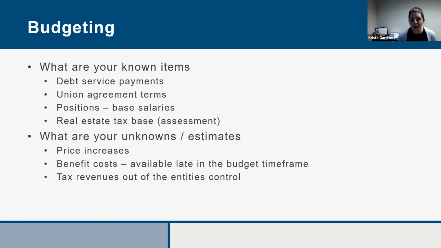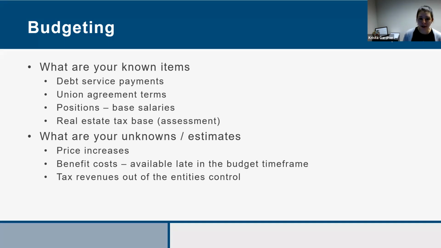So we do end up getting our benefit costs or increase late in the budget timeframe. So usually before we are approving or adopting a budget, we've got that information, but for quite some time in the process, we are dealing with an estimate. Depending on who you work with for your healthcare benefits, they might be able to give you, here's a good number, use 10% for right now.